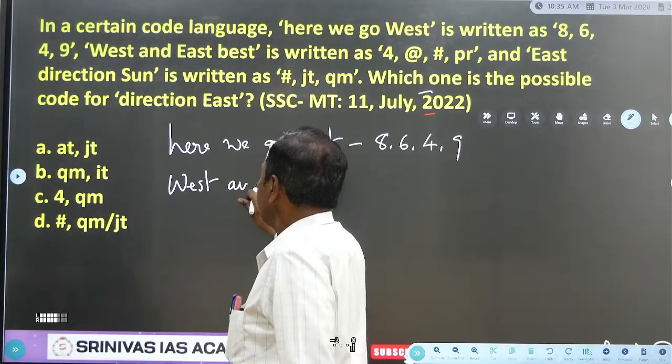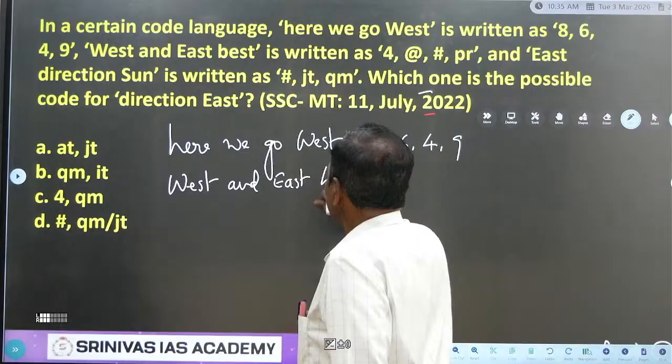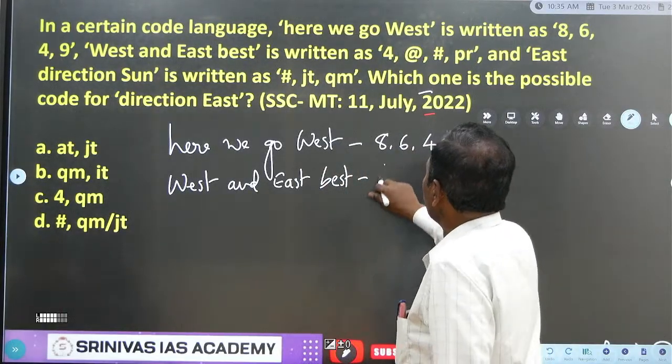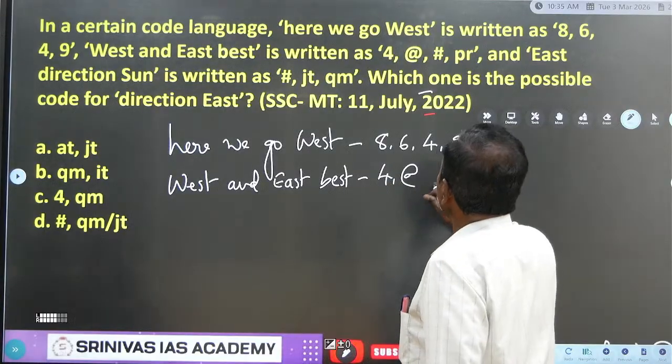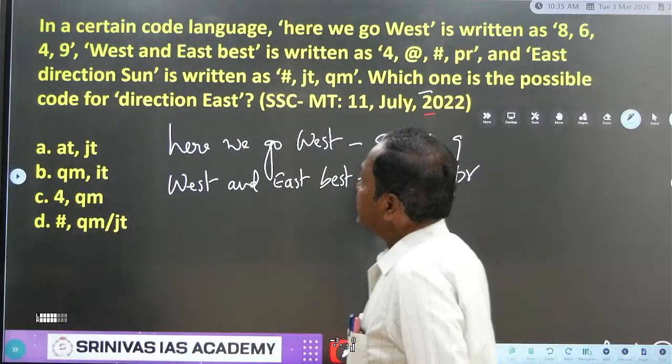West and east best is written as 4 at ash PR.